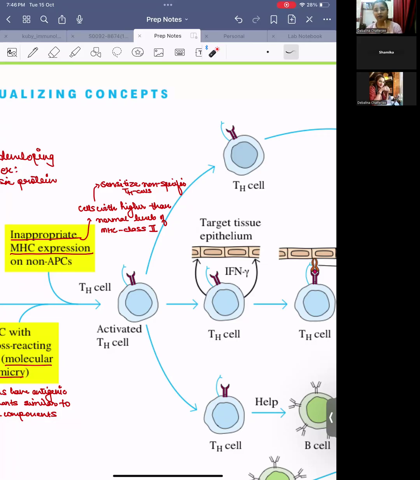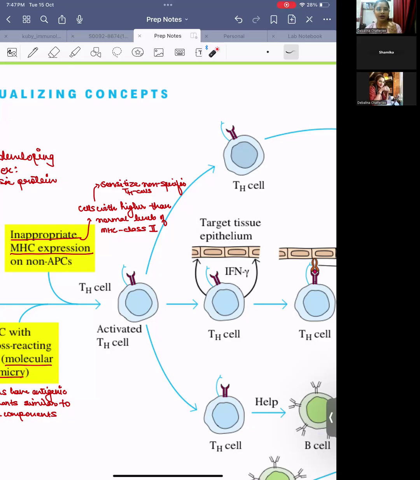But in case of the islets of Langerhans from your type 2 diabetes mellitus patient, we see that a lot of cells from these islets of Langerhans are now expressing a lot of class 2 MHC molecule, and in this process, it now tries to function as an antigen presenting cell.